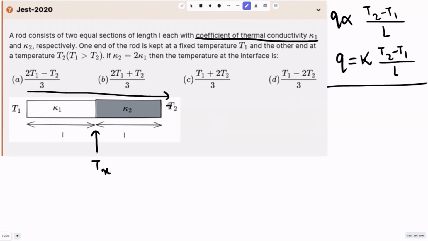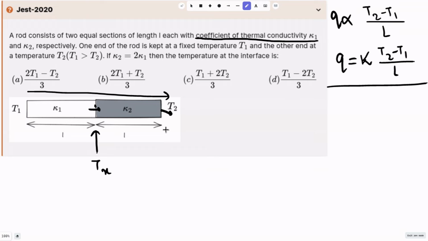However, in our case, we have two conductivities for two parts of the rod. The nice thing about flux is that it is the rate of energy. So if 5 joules of energy is flowing per second right here, then even here only 5 joules of energy can come out, no lesser, no greater.